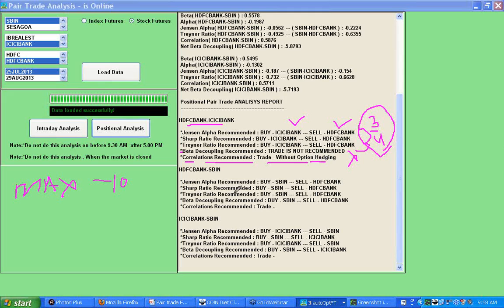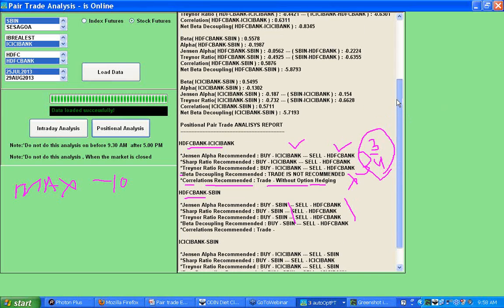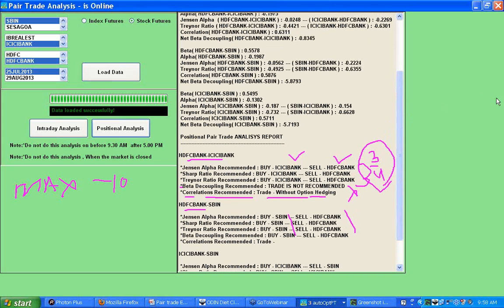And here, for HDFC and SBI, all views say buying SBI and selling HDFC. However, the correlation parameter for HDFC and SBI is at 0.58, so it is not a comfort zone.